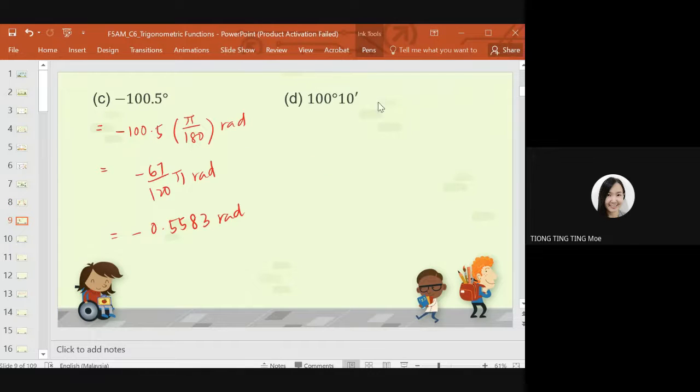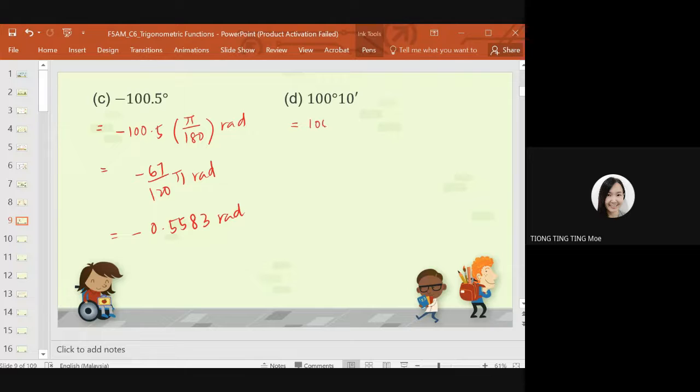Then another one, D. Everyone look at D. How are you going to do the question involving degree and minute before you change to radian? Don't just press the calculator. Change the minutes to degrees first.